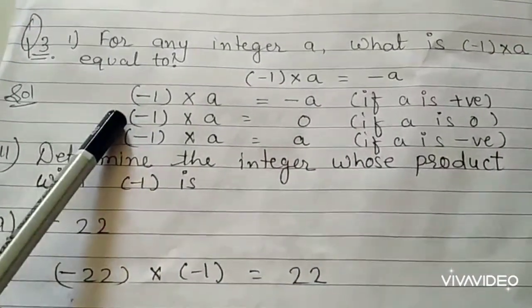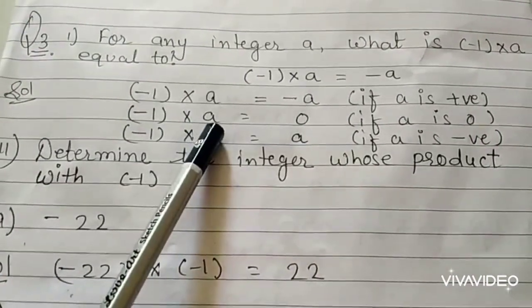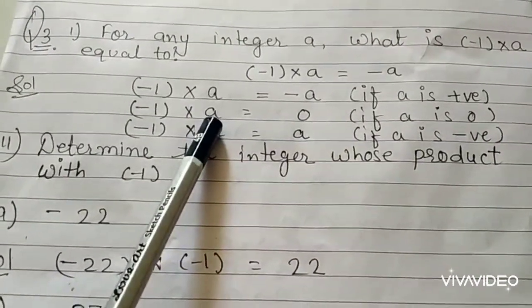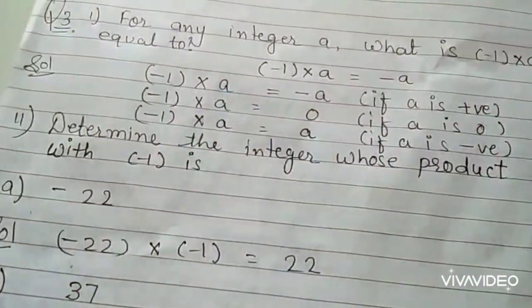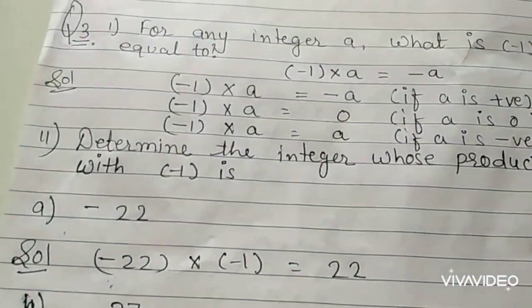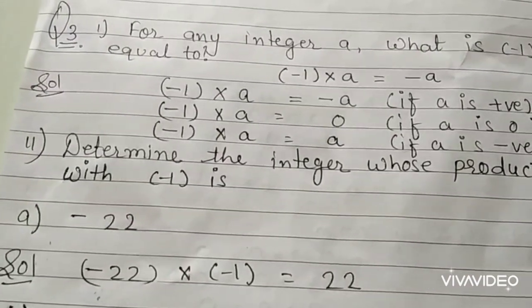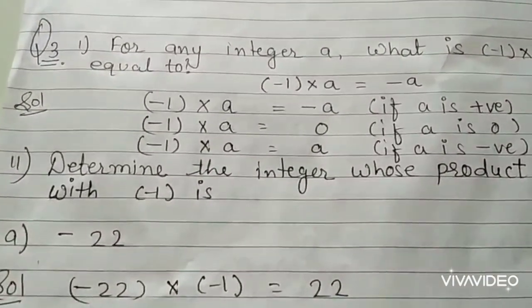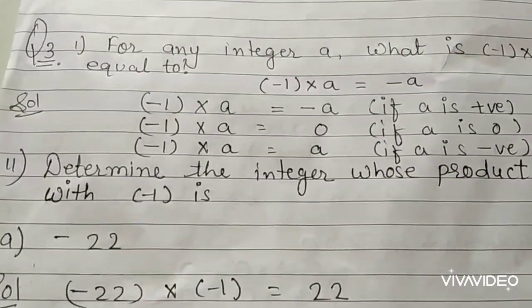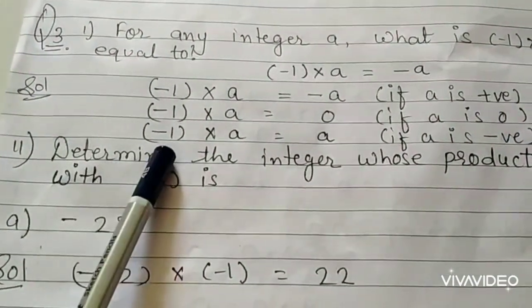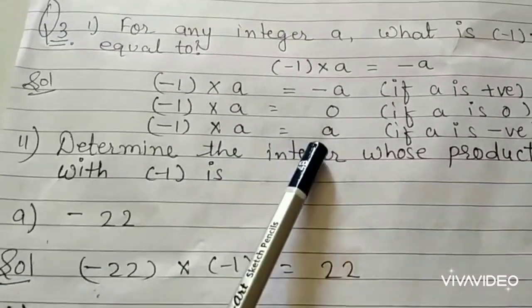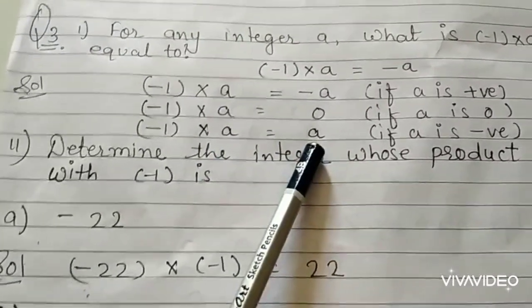Another is minus 1 multiplied by a when a is 0. The answer will be 0. If minus 1 is multiplied by a when a is a negative integer, then your answer will be a positive a, because minus 1 is also negative, here also negative, so your answer will be a positive a.